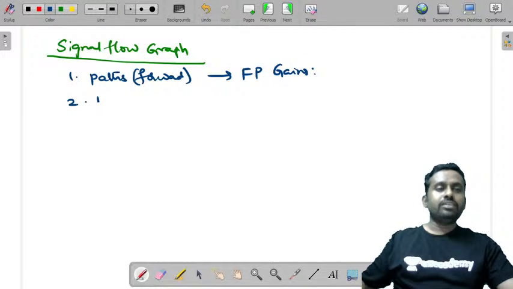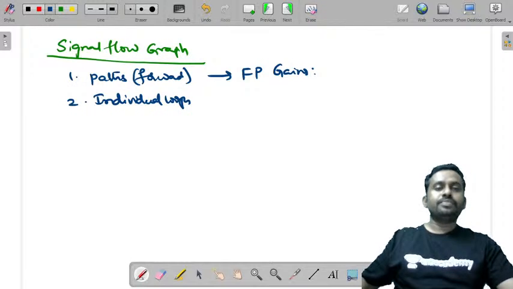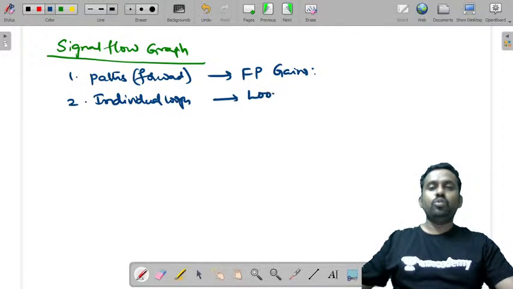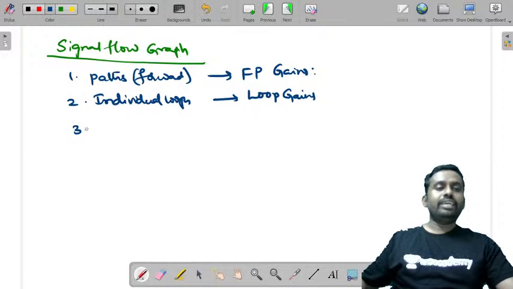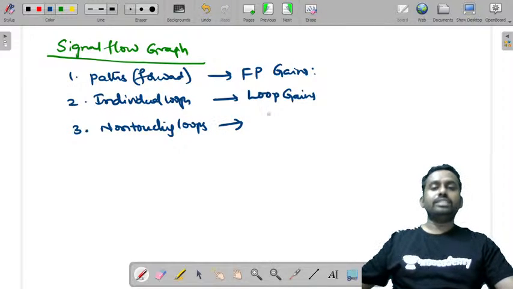Next, write the individual loops and loop gains, and identify non-touching loops. If there are non-touching loops, write the non-touching loop gains, considering 2 at a time and 3 at a time.